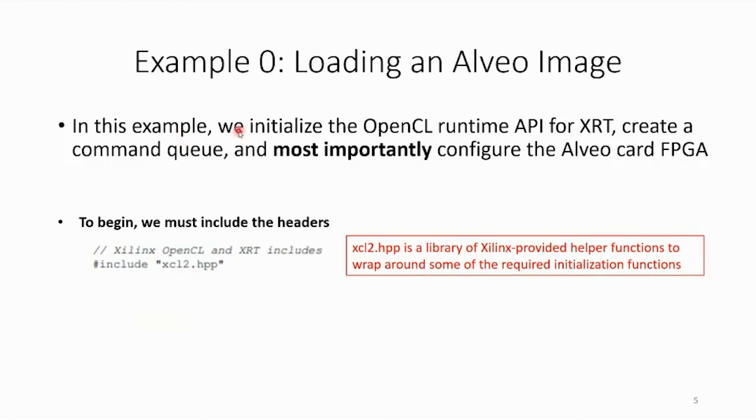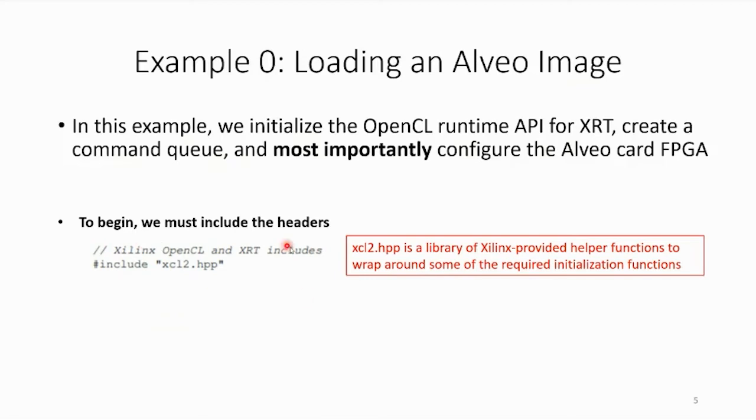We look at example 0, loading an image. This is a very simple example, and it just shows us how to initialize OpenCL, create the command queue, and configure the FPGA.